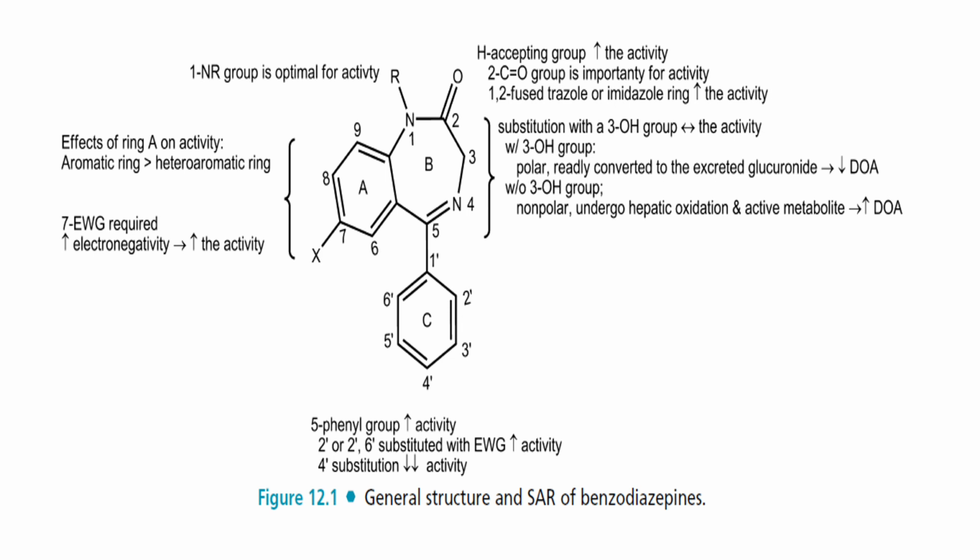So this is the entire picture of the general structure, or the SAR, of our benzodiazepine. An aromatic or heteroaromatic ring is required for the activity, which may participate in stacking with aromatic amino acid residues of the receptor. An electronegative substituent at position 7, represented there by letter X, is required for activity, and a more electronegative element can increase CNS depressant function.